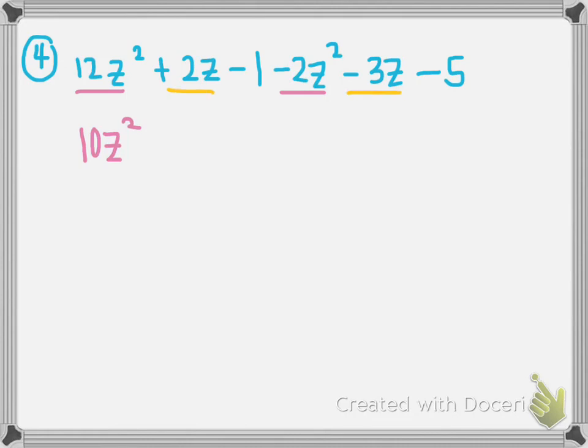A 2z minus a 3z will be a minus 1z. And then now our constants. Remember, our constants don't have a variable attached to them. So a minus 1 minus a 5 would be a minus 6.